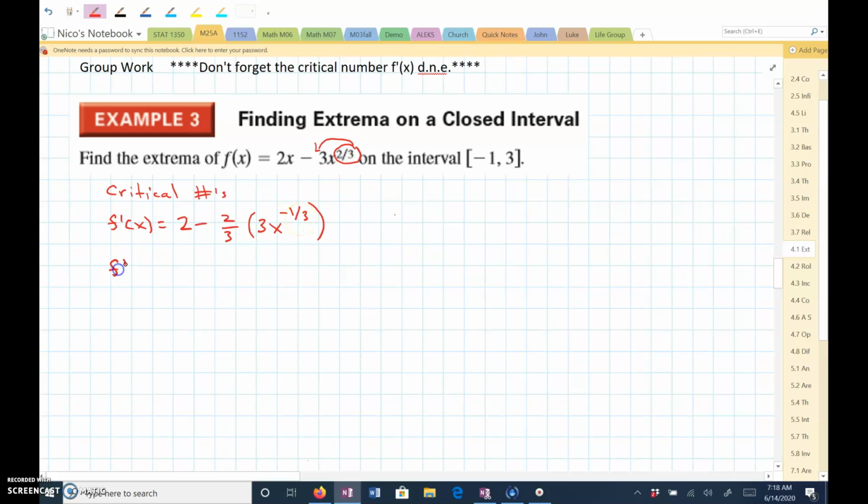So then this would be f prime of x equals 2 minus 2x to the -1/3 power. And we could think of this as f prime of x equals 2 minus 2 all over x to the 1/3 power.